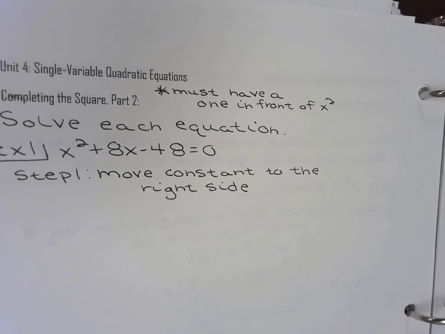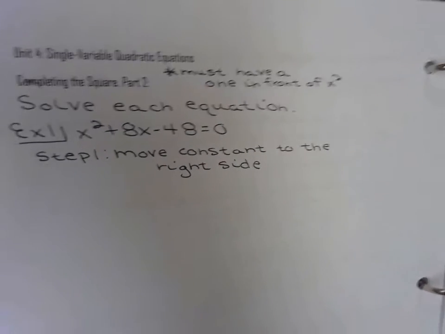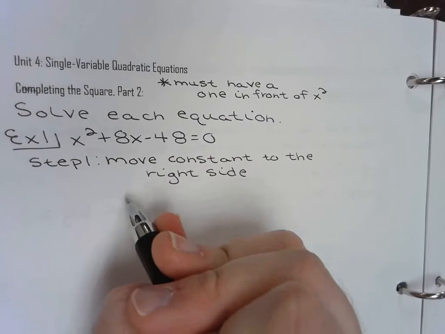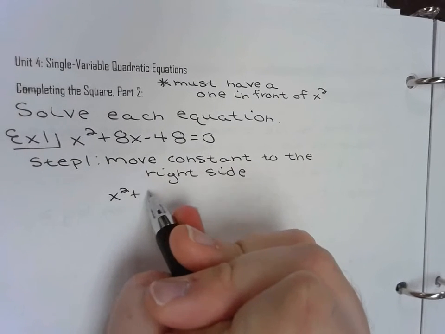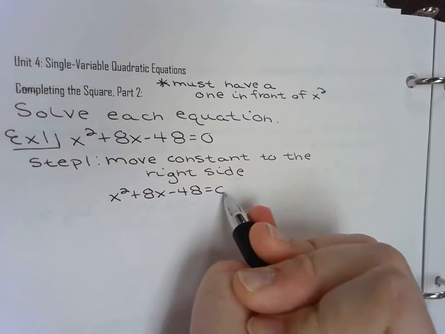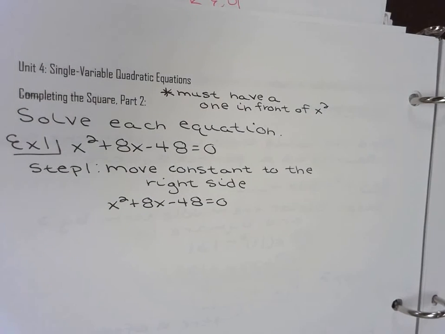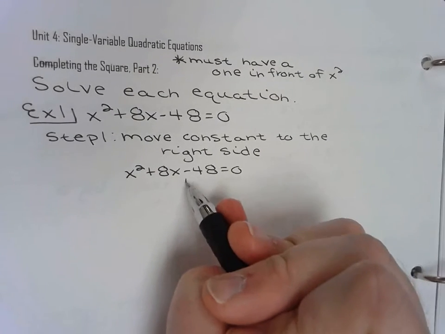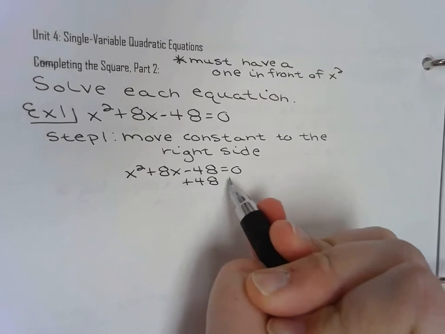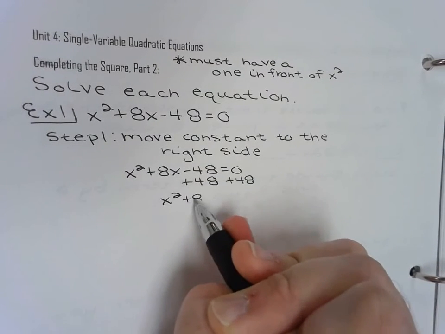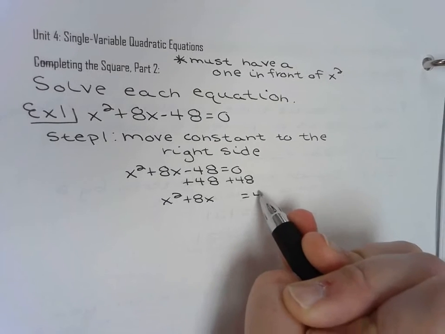Now with the completing the square method, I have to move the constant to the right side. It could technically be either side, but for what we're going to do, we'll usually just use the right side. If I look at this problem, how would I move the constant over to the right side? Add 48. Just like with square root and factoring, you have to set it up a special way. For completing the square, we are going to add 48.